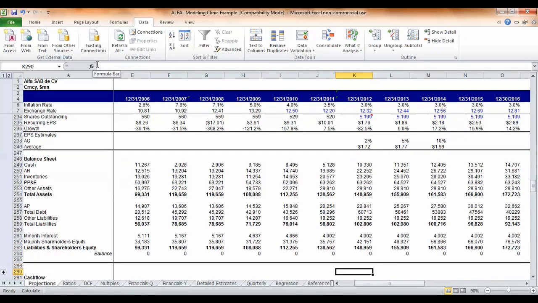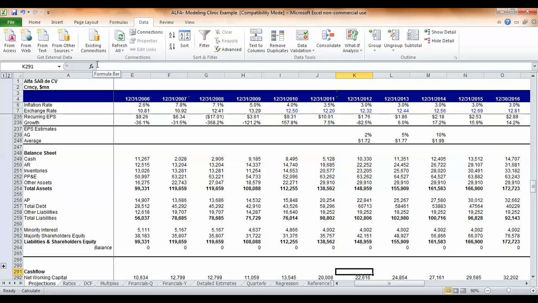Okay, the next section is the balance sheet. As I mentioned earlier, we want to keep it simple. So we have a very simplified balance sheet with just the key line items. We have the cash line on the asset side, the accounts receivable, inventories, property, plant, and equipment, and other assets.